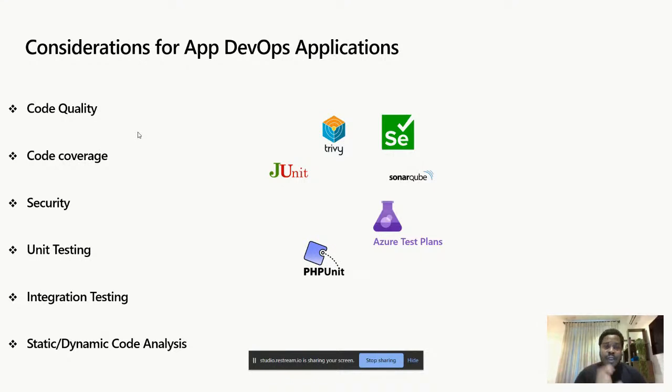So I feel like if these things are also looked at from the application point of view, where it touches every level, that is application development, the pipeline creation, the deployment into these various environments, then things are a lot easier in terms of how the whole company works together, right? So for me, that is one of the key points that we should take into consideration when you are creating applications to run through a pipeline.